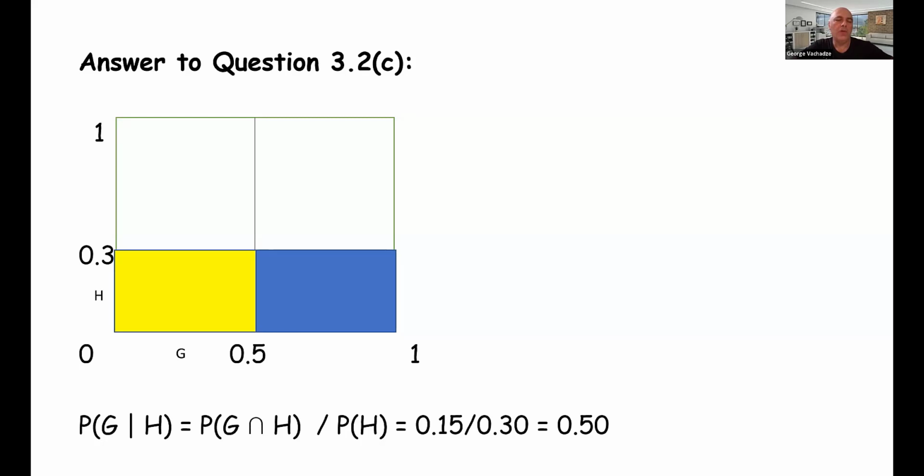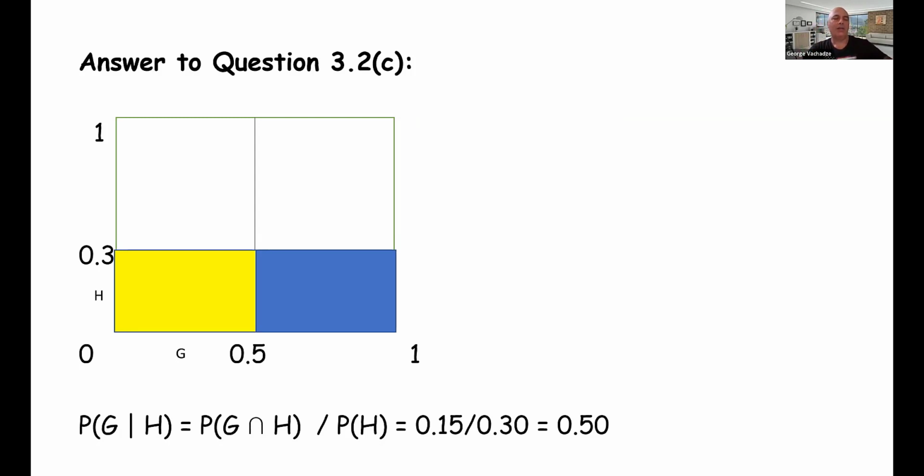Yellow plus blue is 30%, and the yellow is 15%. So if you divide 15% by 30%, you get 1/2 or 50%. So that's the conditional probability that the student takes math class, conditional on the fact that we know he takes science class.